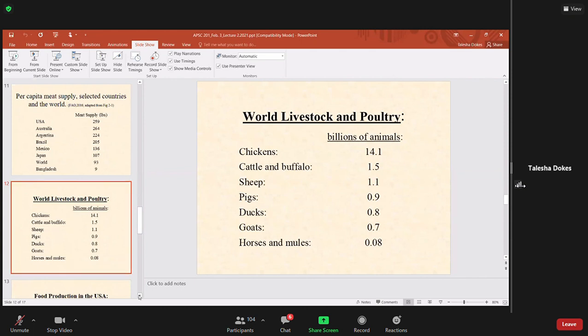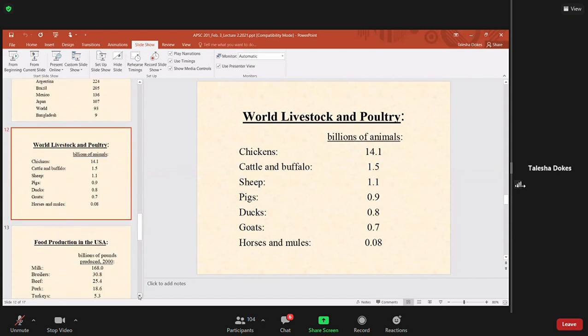So the world livestock and poultry numbers are in the billions. The chicken numbers are quite high. One of the top producers is chicken, which is pretty understandable. They don't cost as much to produce as some of the larger animals, and the demand for chicken is higher, especially depending on where you are.